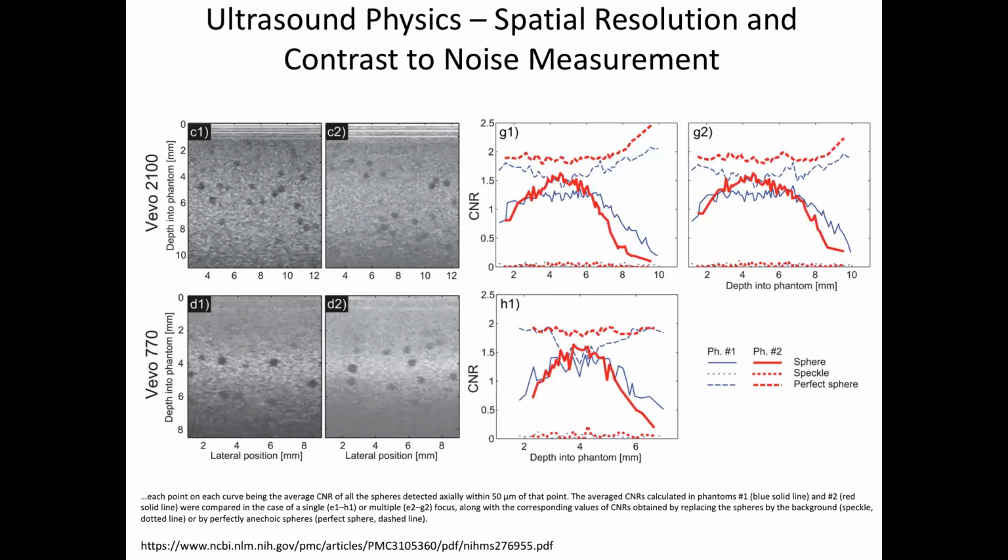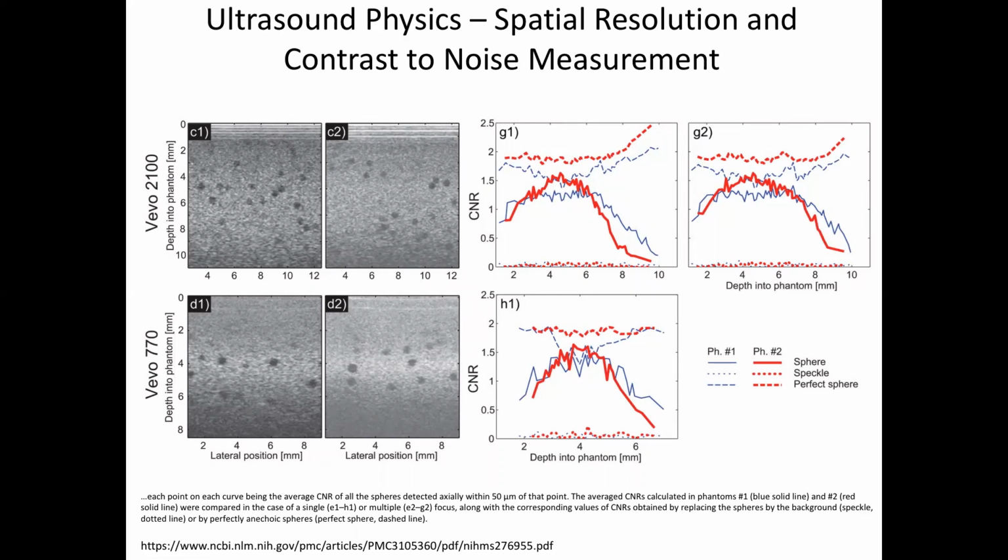Oh, as promised, here's an example. This is a very technical paper. I think if it's not in the supplementary stuff, I'll put it in there. But it's basically how do you measure the contrast to noise as a function of depth for a specific transducer, and it's a nice paper on how they set up the phantom and where they put the transducer.